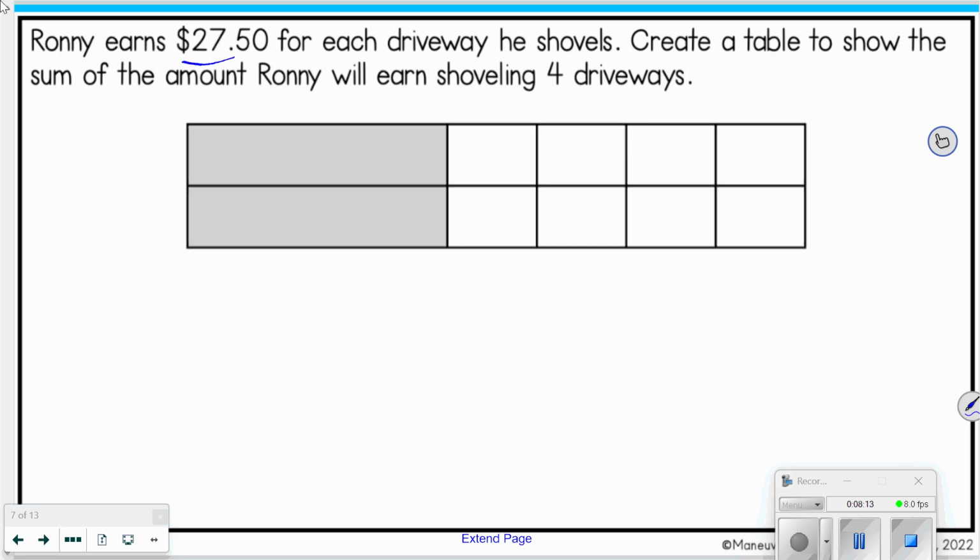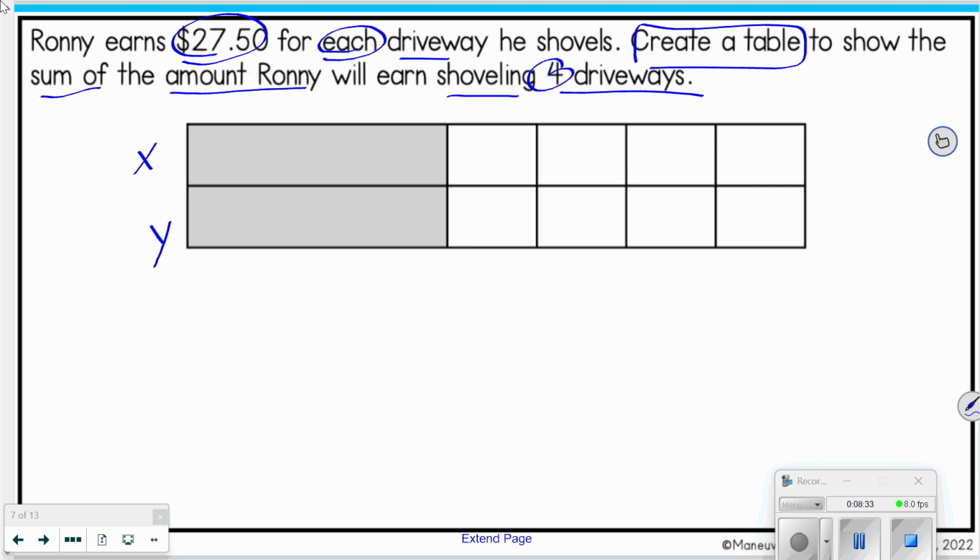Ronnie earns $27.50 for each driveway he shovels. Create a table to show the amount Ronnie will earn shoveling 4 driveways. So they didn't fill this table out for us, but normally when we're doing a table, it's going to be x on top and y on the bottom.